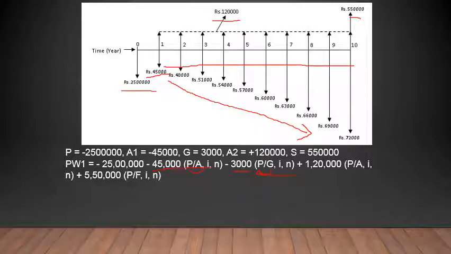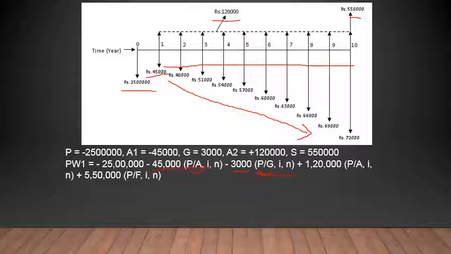Some of the interest factor tables will give this P by G value straight away, or else it is very simple. How did we get this P by G? Using two factors. First, P by A, that multiplied by A by G. P by A is in the denominator, multiplied by A by G, A is in the numerator. A and A get cancelled with each other, and what do we get?